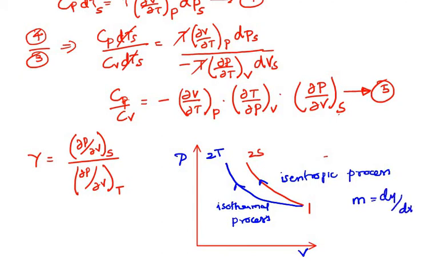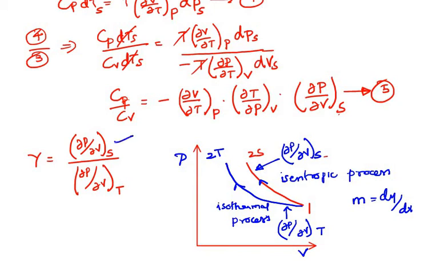Here instead of y I am having P, and instead of x I am having V. So the slope of this curve is dou P by dou V at constant entropy, and the slope of this curve is dou P by dou V at constant temperature. So the ratio of these two terms is gamma.